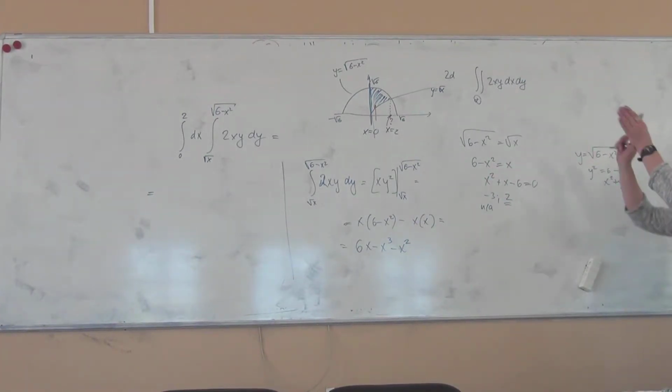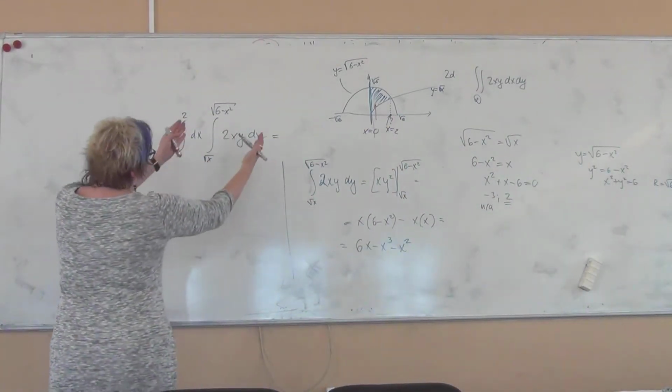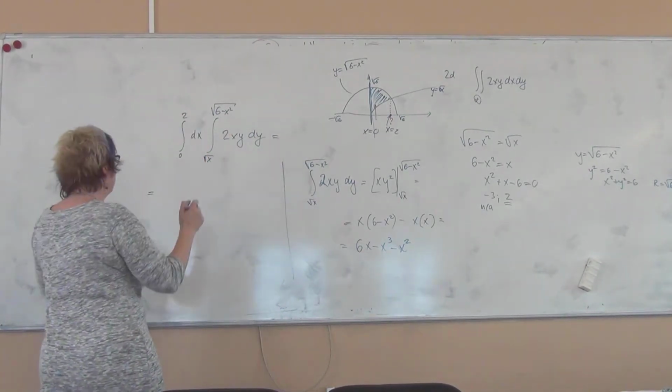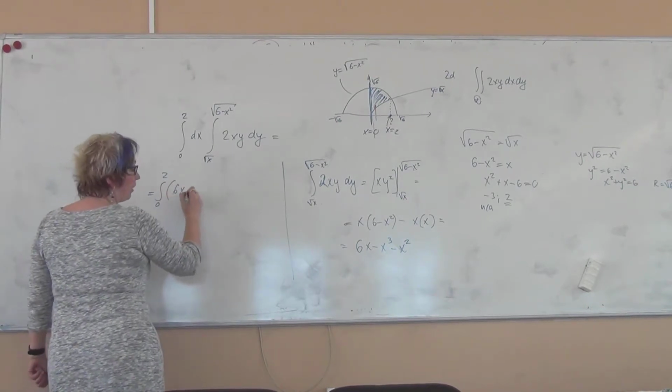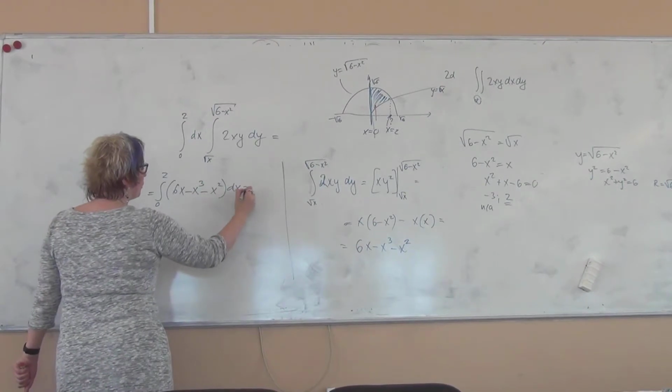And now we go back. Now we know that this is actually this expression, so we put it back and integrate from 0 to 2 the function 6x minus x cubed minus x squared dx.